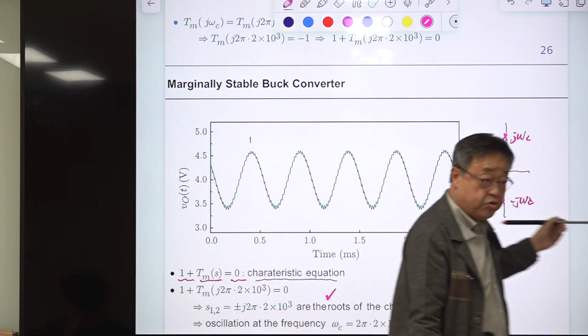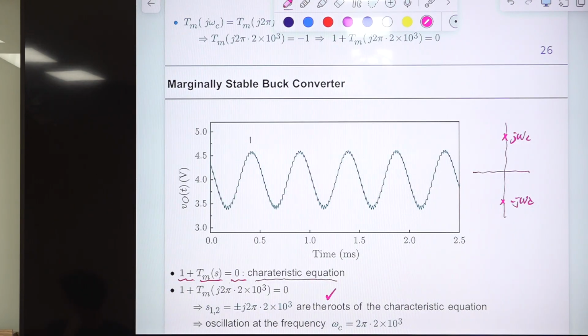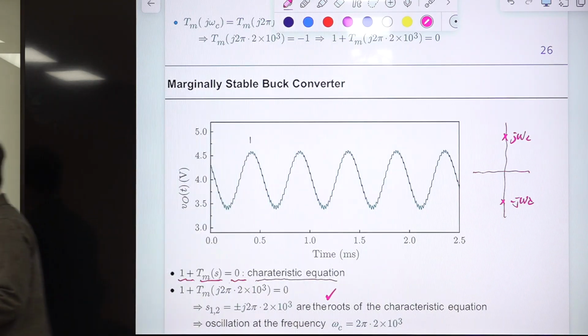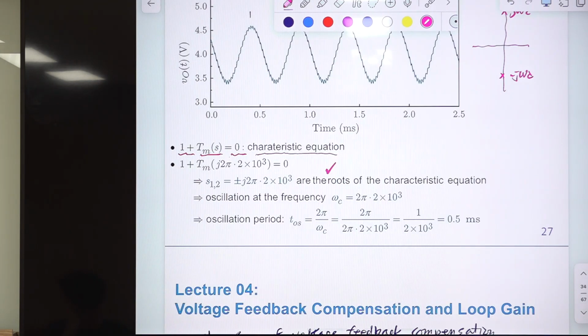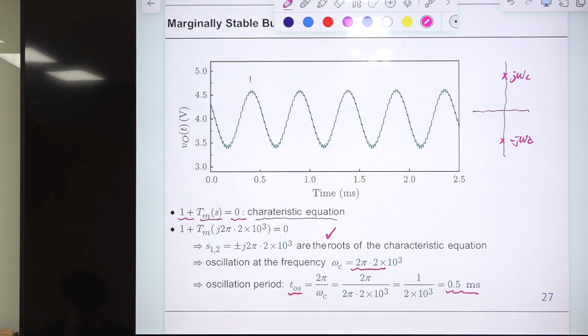You should know this. The oscillation frequency is evaluated from this, so there is a root here. The oscillation period, 2 pi divided by omega c, is 0.5 millisecond, and the distance between these is 0.5 millisecond.